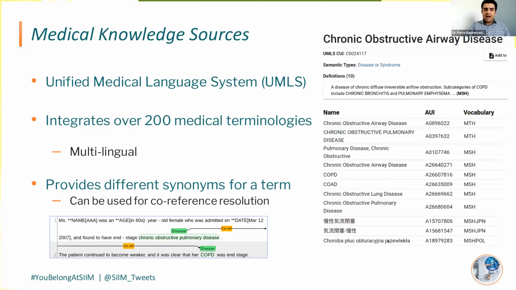So this allows us to extend the applicability of existing medical systems to multilingual settings. As you can see, it provides different synonyms for this term, and we can use these synonyms to our advantage, and for instance, use it for co-reference resolution.